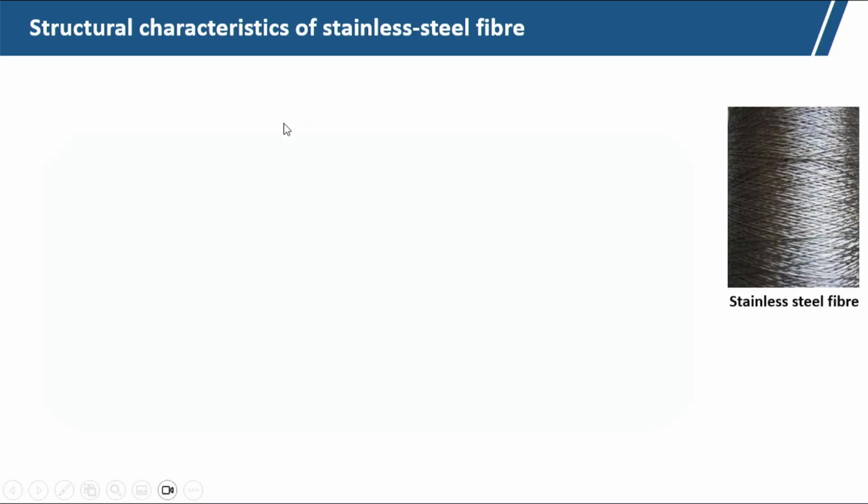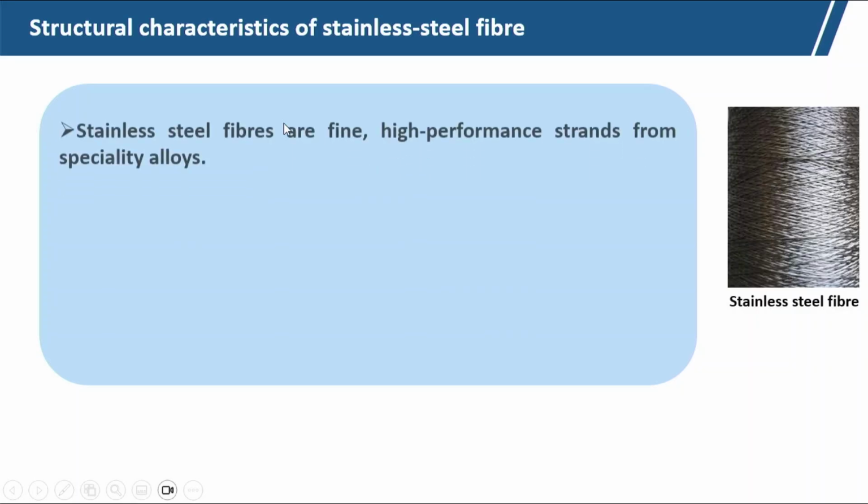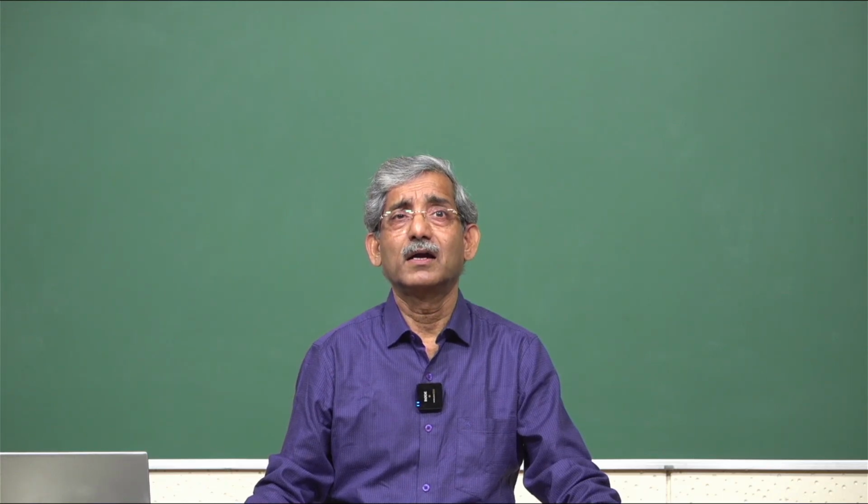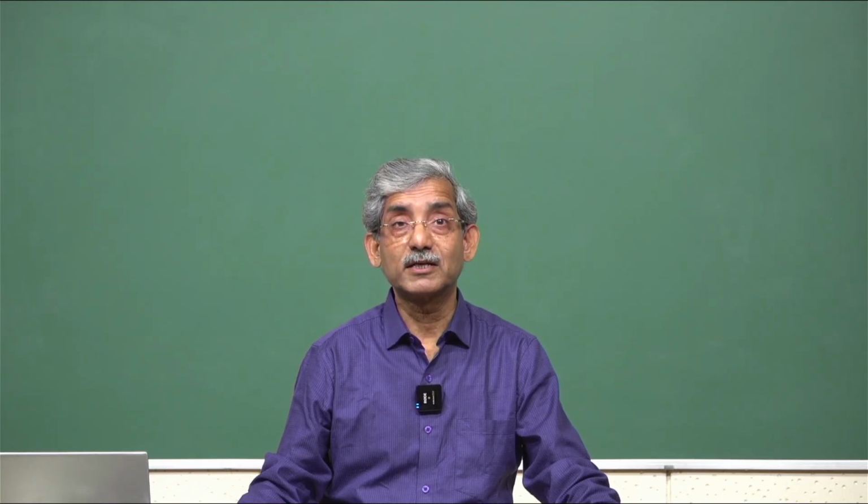You can see here the stainless steel fibers are fine, high performance strands from specialty alloy. You can spin stainless steel fiber in very fine microns, and these fibers are very flexible in nature.